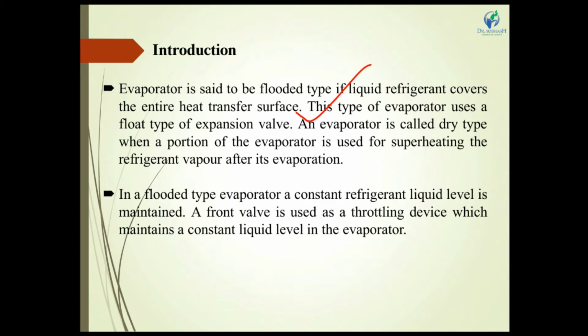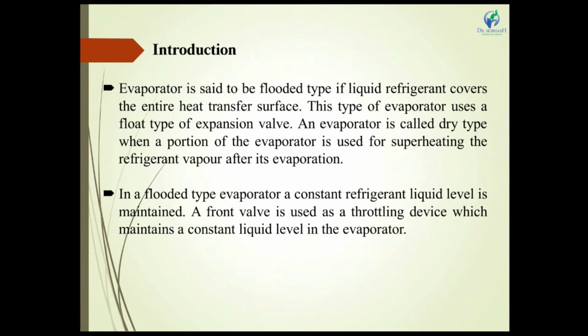In a flooded type evaporator, all the working fluid collects in liquid form, and it gives only liquid output, not vapor or gases. Vapor and gases are separated from the evaporator and only liquid can pass.